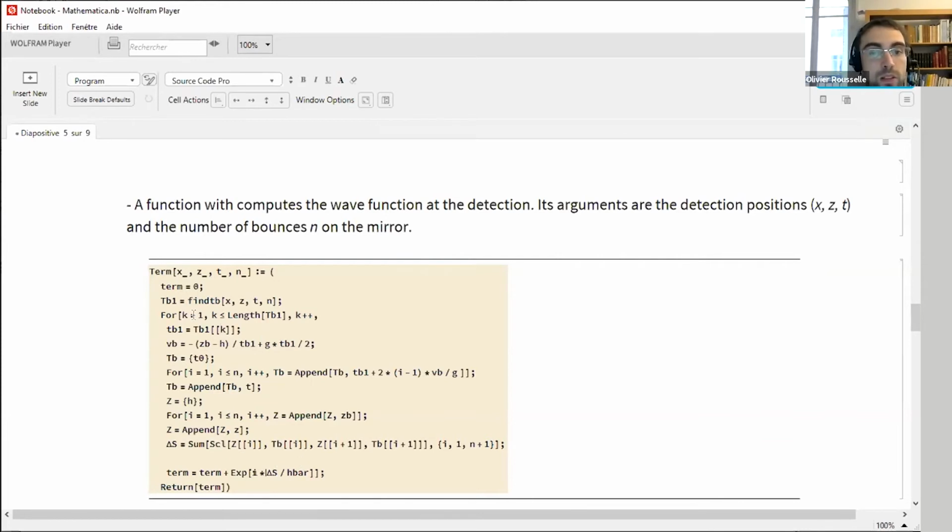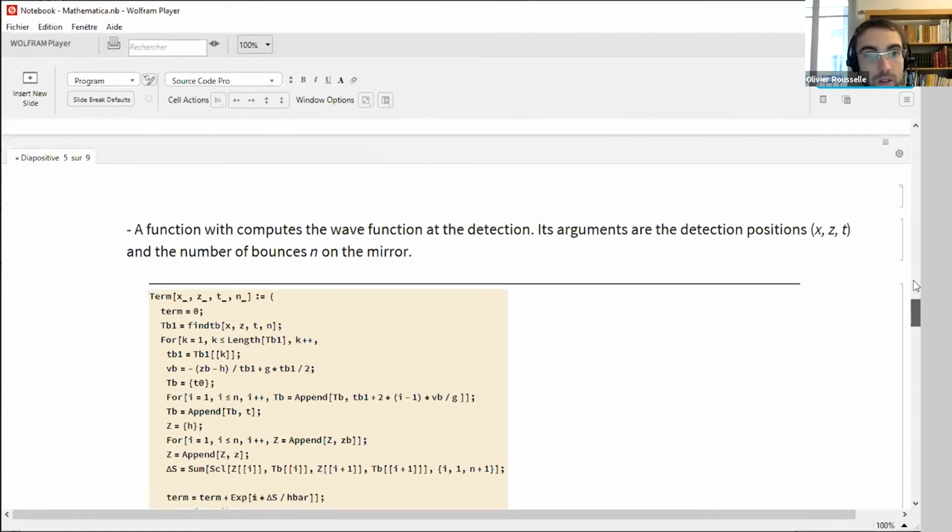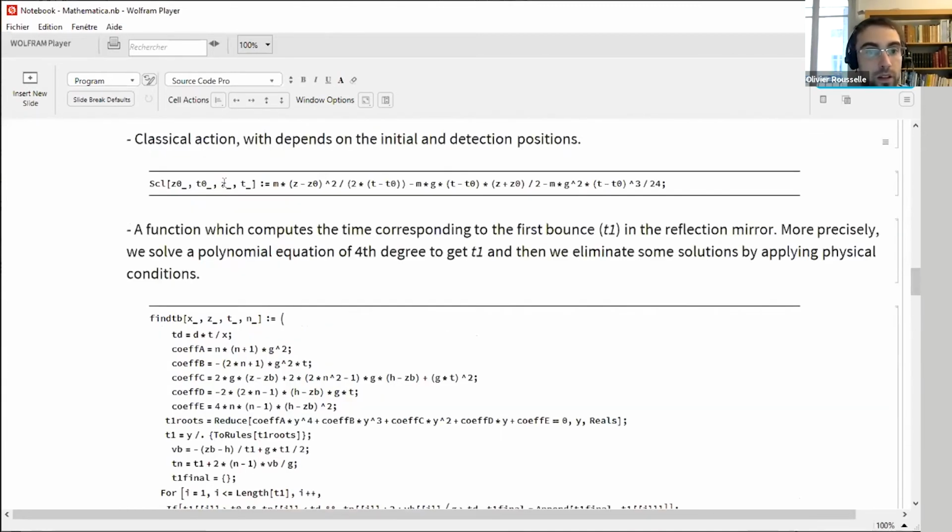Once we determine the time of bounce, TB, we can compute the speed VB at the bounce, and then deduce the action by computing it for each path of the trajectories. The action is given by this term, SCL, the classical action.